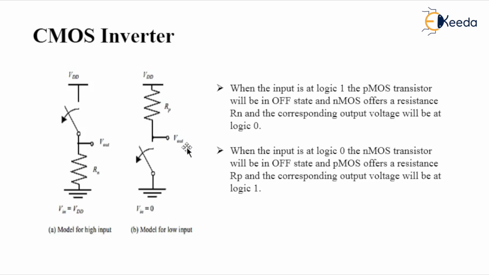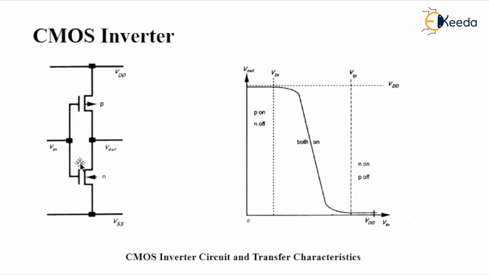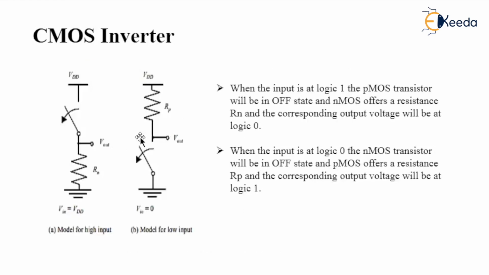Quite opposite to the second one, when the input is 0, when I am applying 0 volts here, the N will be in cutoff and P will be in saturation. So P will be in the linear or saturated mode and N will be in cutoff. When the input is at logic 0, the NMOS is turned off and PMOS offers some resistance RP.